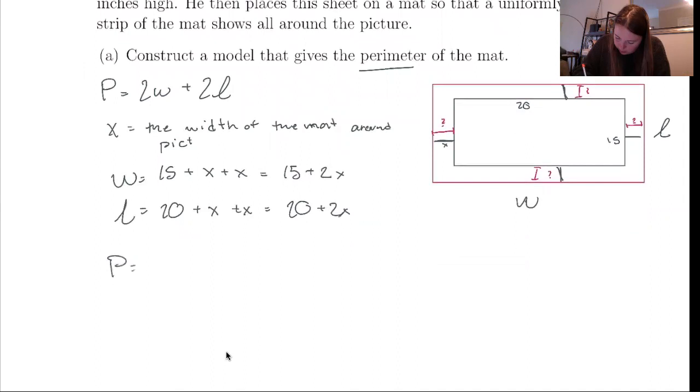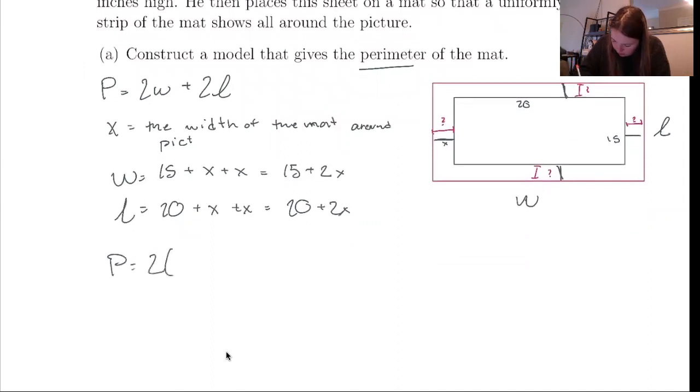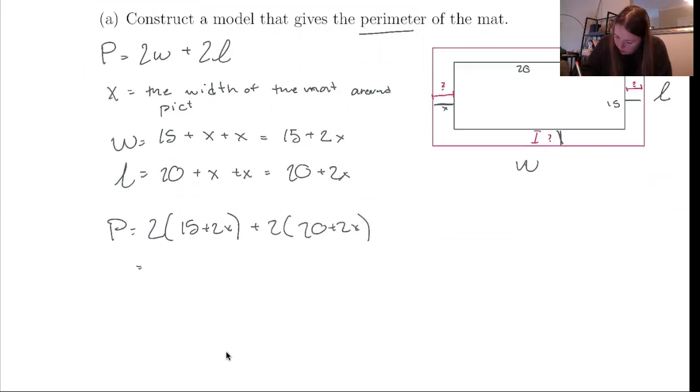So the perimeter is going to be 15 plus 2X, just plug it into my perimeter equation, 20 plus 2X. And if you wanted to, we could go ahead and do 30 plus 4X plus 40 plus 4X, which is going to give us 8X plus 70.